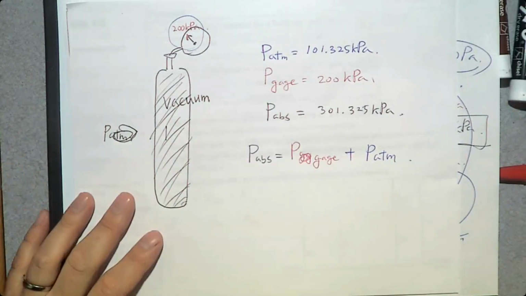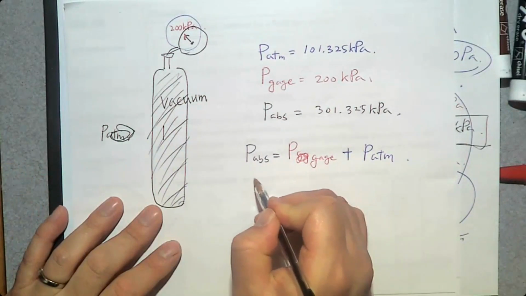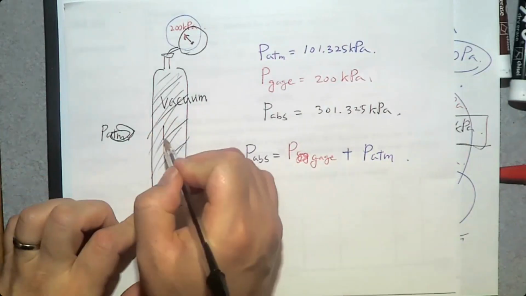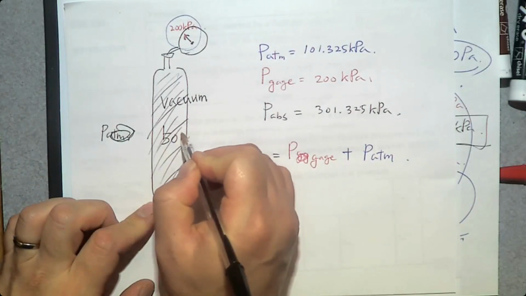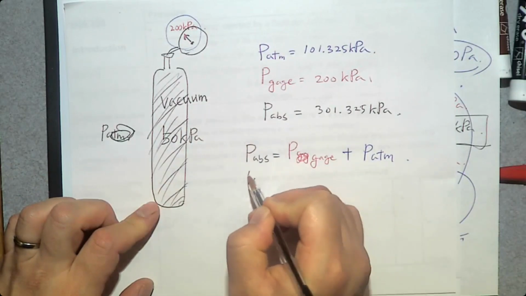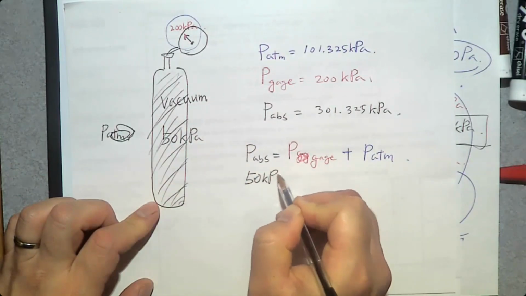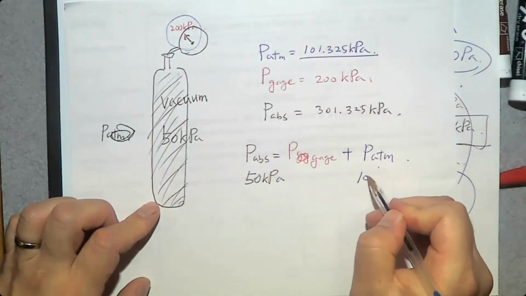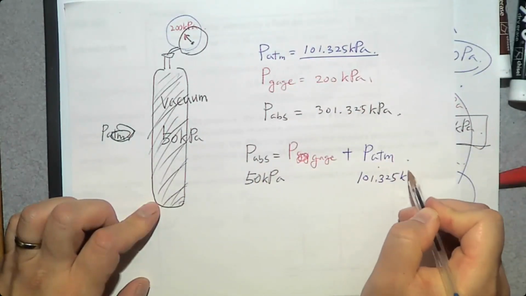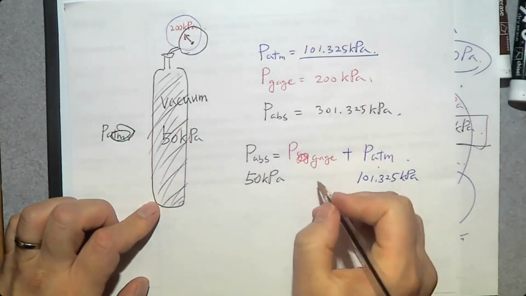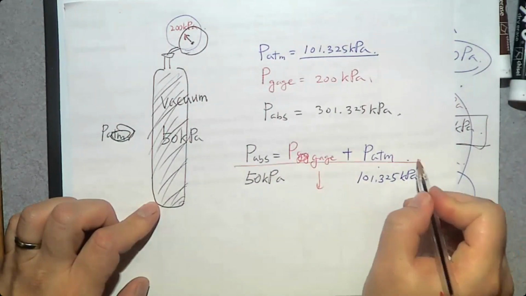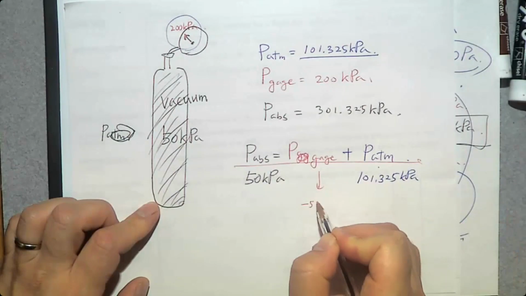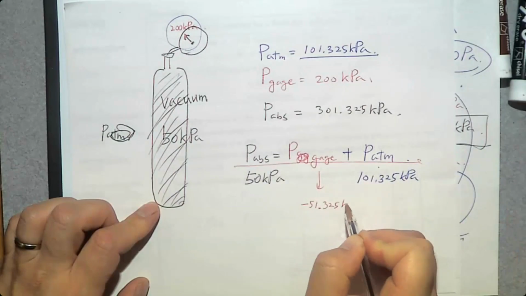Okay. So let's assume that the absolute pressure inside this vacuum chamber is only 50 kilopascal. And what is the atmospheric pressure? 101.325 kilopascal. So what is the gauge pressure? According to this calculation, it is minus 51.325 kilopascal.